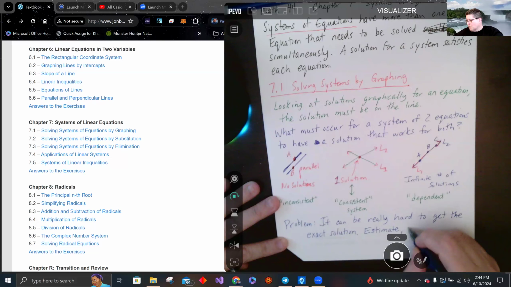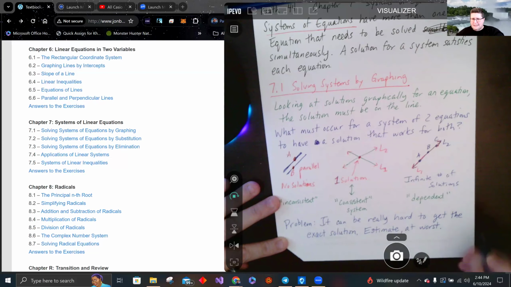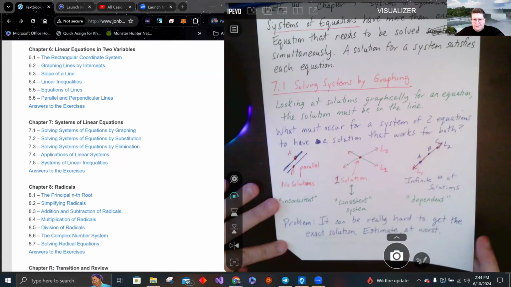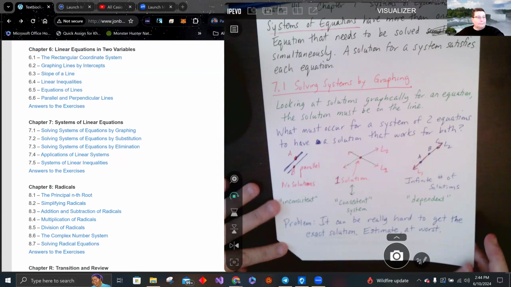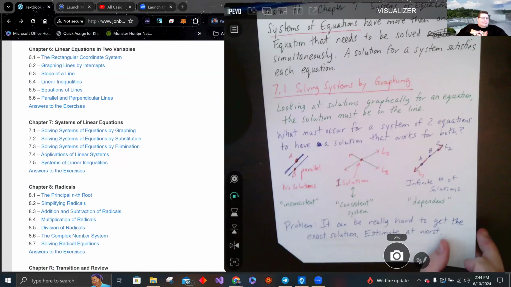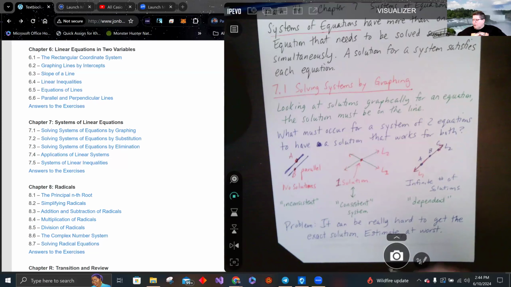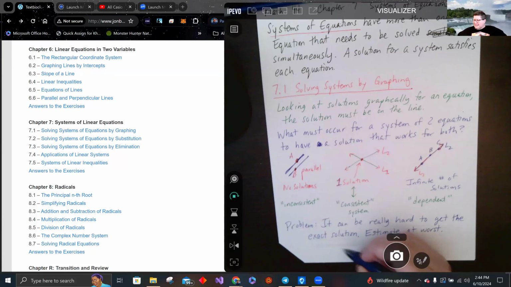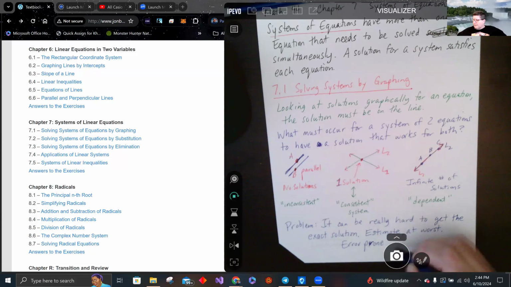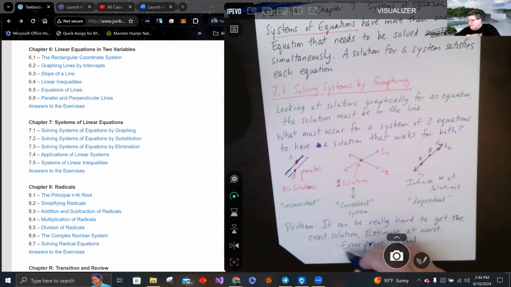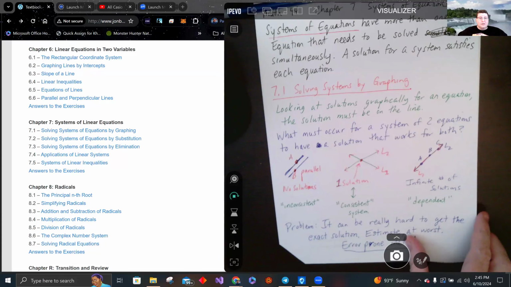Well, I'm going to say estimate at worst. Because sometimes it's easy. You can tell it crosses at the origin or something like that. But it is error prone since we have to oftentimes guess where they're crossing to a decimal place or two. This is an error prone path. But it does work wonderfully as a backup for the other systems that we're going to do. Substitution and elimination, you can see over here on the left.